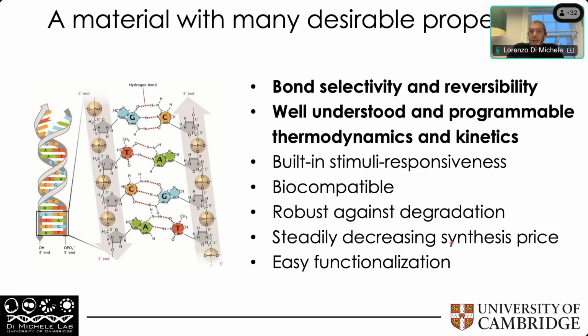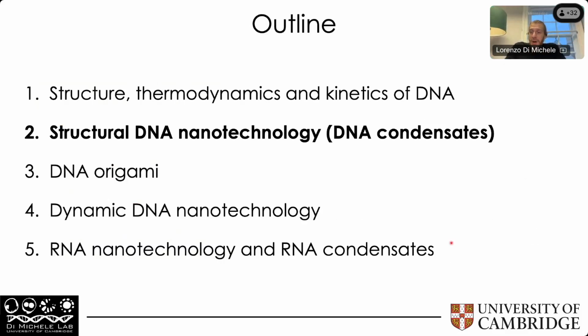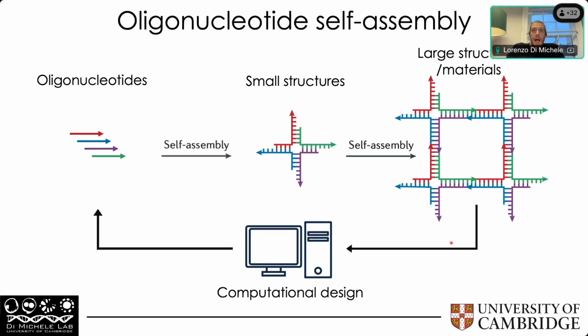And you can also functionalize DNA with all sorts of molecules. You can attach fluorescent molecules, quenchers, linkers, motifs to do click chemistry, hydrophobic motifs, all of that can be attached to DNA. So that's a very good set of properties, and that's why DNA is an excellent material for constructing at the nanoscale. So now let's see how we actually do that.